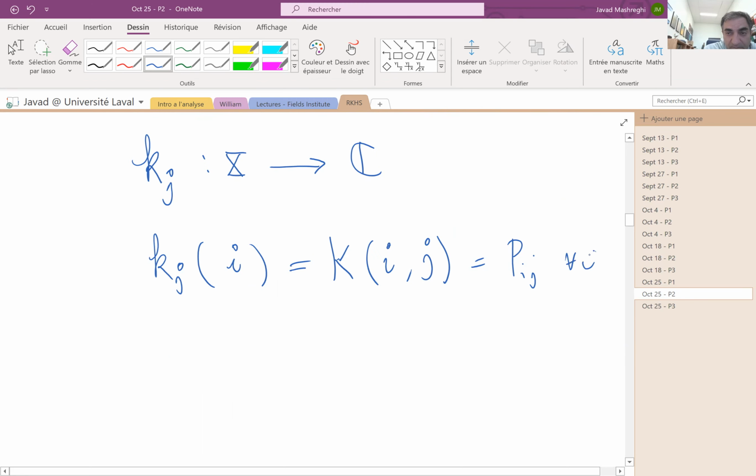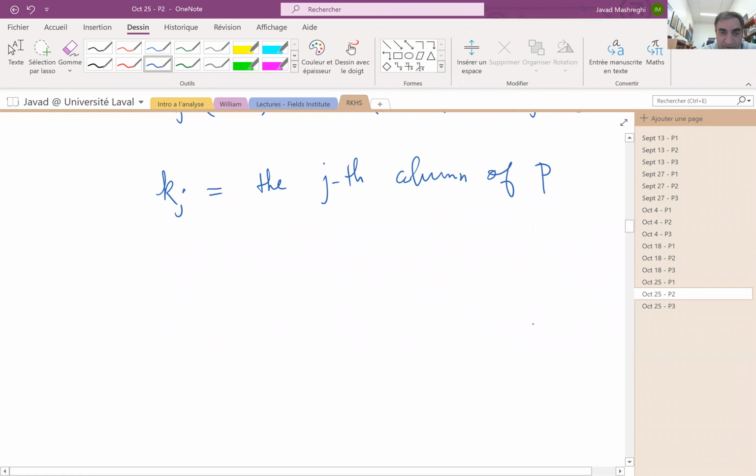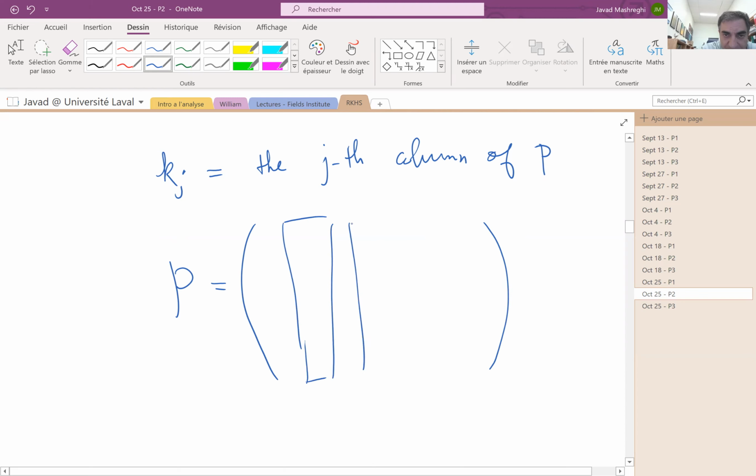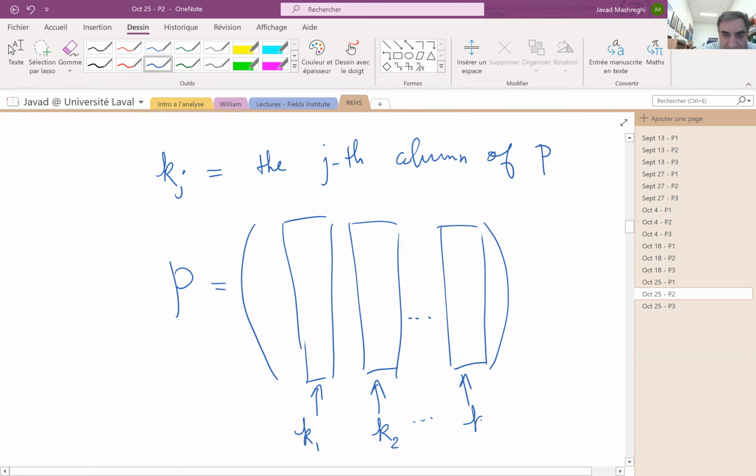For any i. If you look carefully, this precisely means that k_j is equal to the jth column of P. So in other words, our kernel functions are precisely these columns of P. So this is k_1, this is k_2, and this is k_n, with this new interpretation.